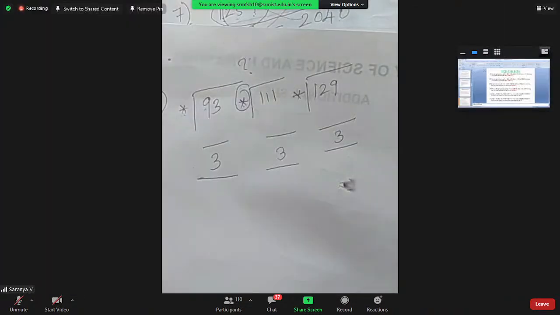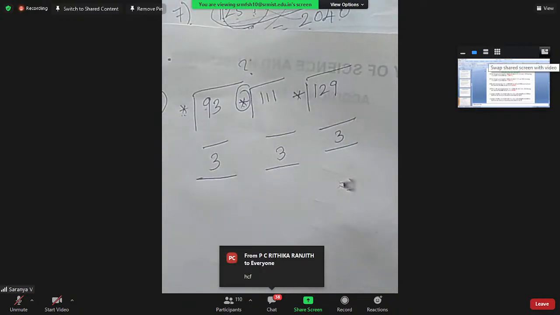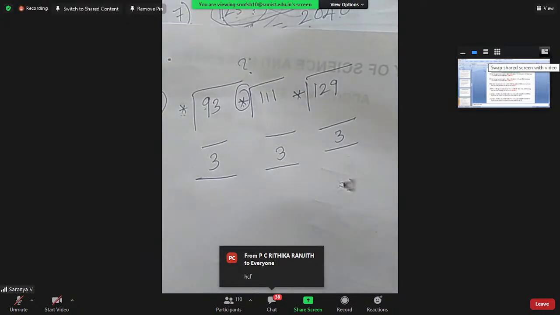I think you can say that we have to take the LCM or the highest common factor now. For this question, should we take the LCM or the HCF? Yes, HCF for 93, 111, 129.